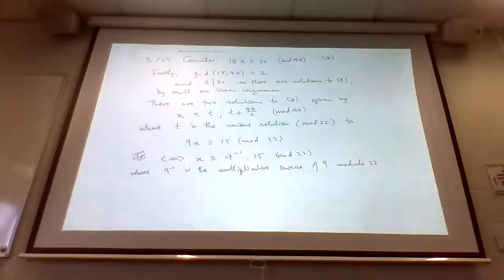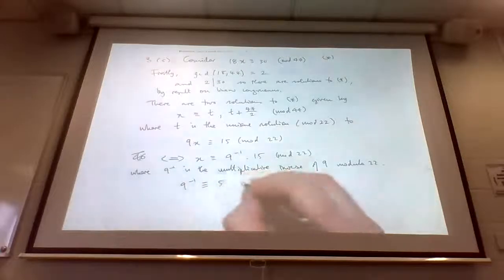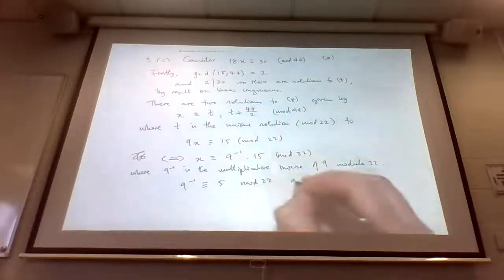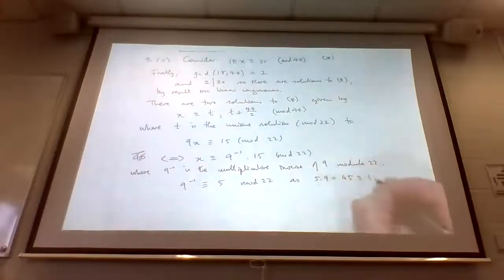So we're looking for something that when you multiply it by 9, you get 1 modulo 22. 5, so 5 times 9 is 45, which is 1 modulo 22. Okay, so just some quick trial and error can get it to us. So 9 inverse is congruent to 5 modulo 22, as 5 by 9 equals 45, which is congruent to 1 modulo 22.